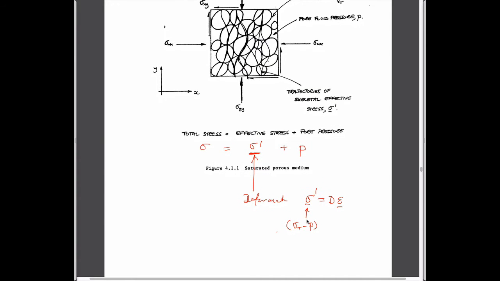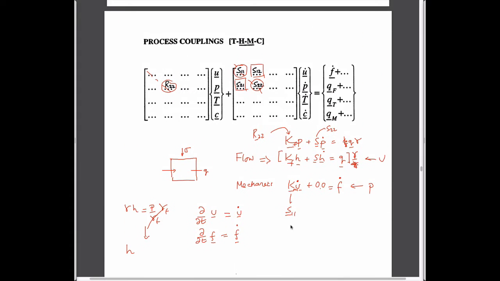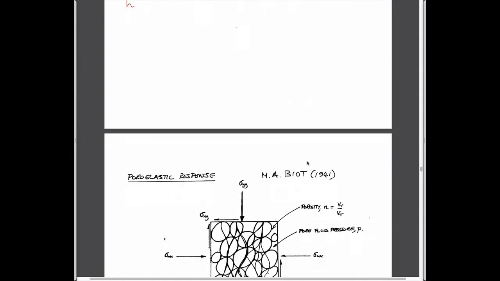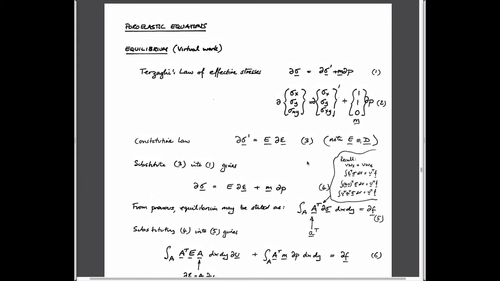So what we can do, we could rationalize from what we talked about previously, that we're going to need to look at the mechanical problem in terms of how that evolves. And we're going to have to look at the flow problem, how that evolves. And we're going to have to look at the linkages between them. And so we'll take care of that. It's a bit involved, so let me see how long it is.